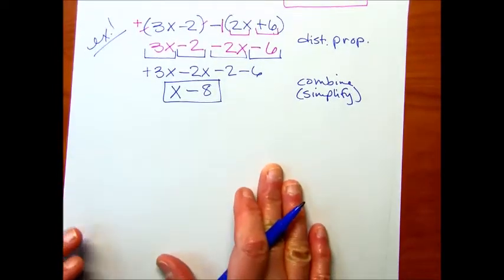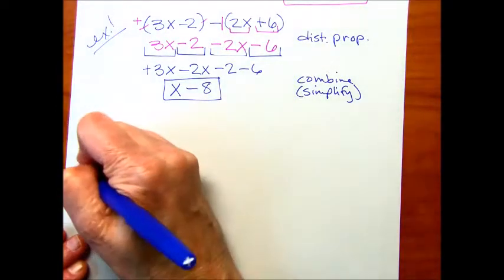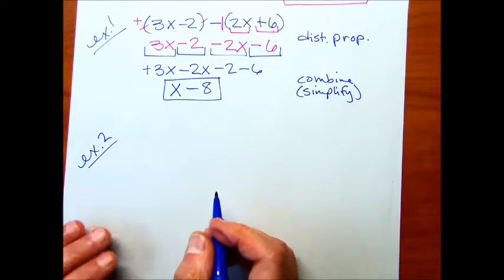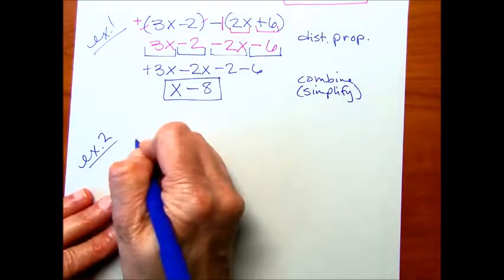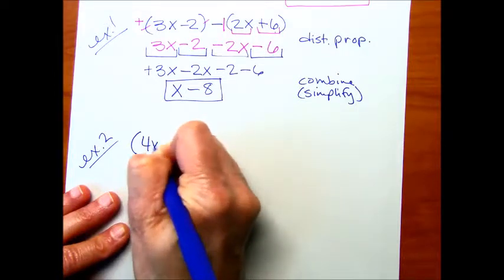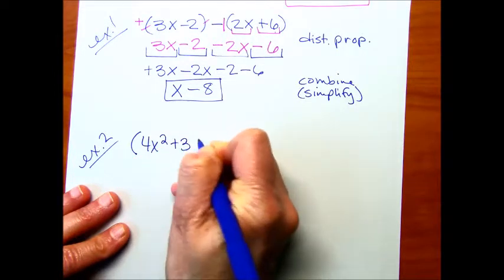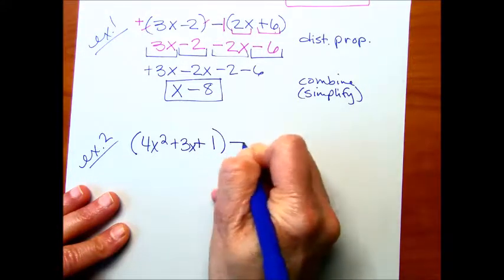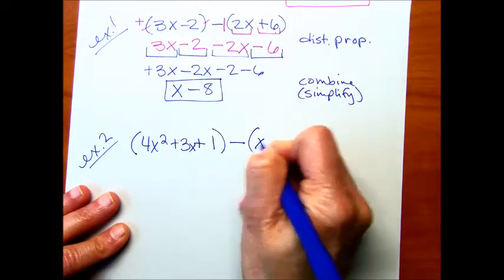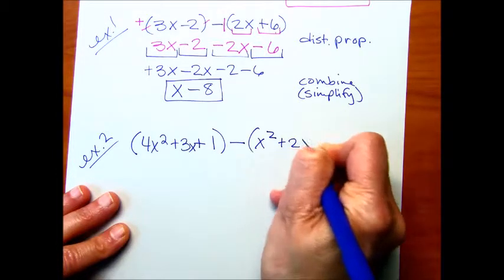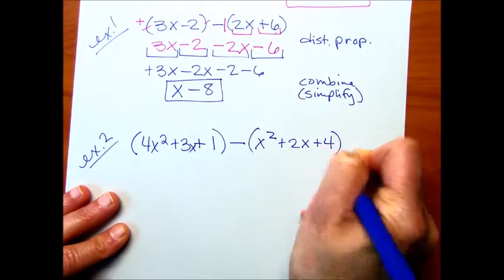Let's do another example. Example 2, and in this one we're going to work with trinomials. We're going to have one trinomial, 4x squared plus 3x plus 1, and from that we're going to subtract another trinomial, x squared plus 2x plus 4.